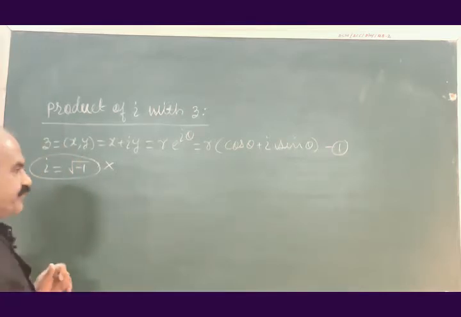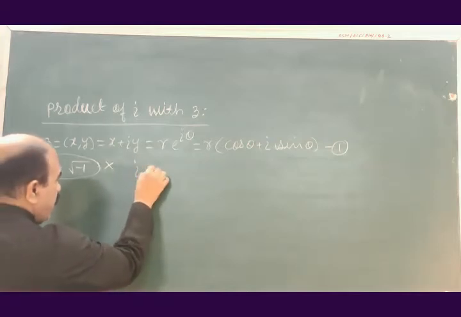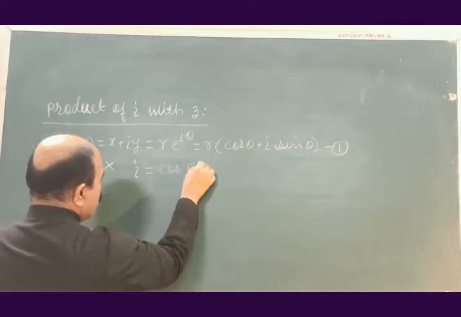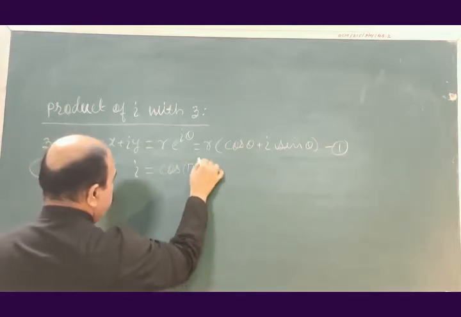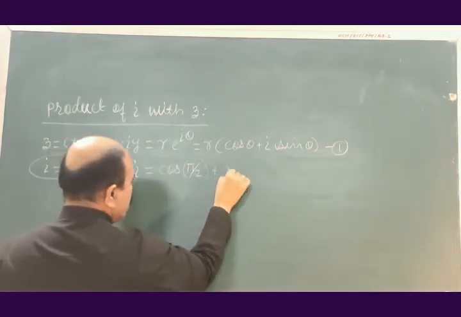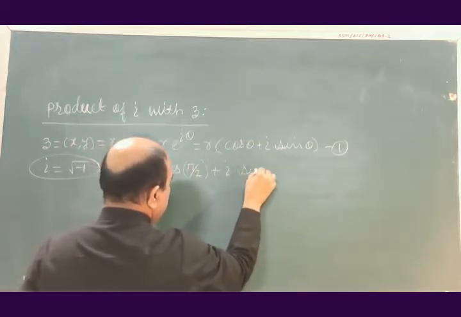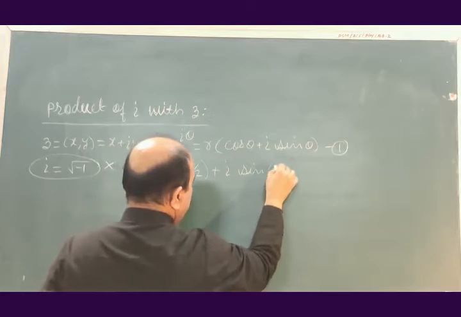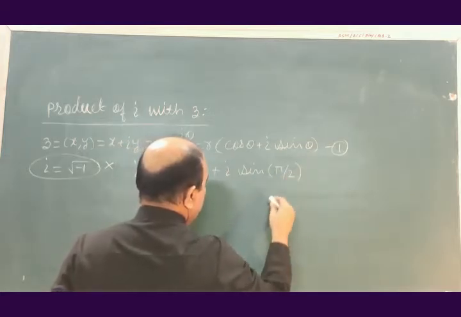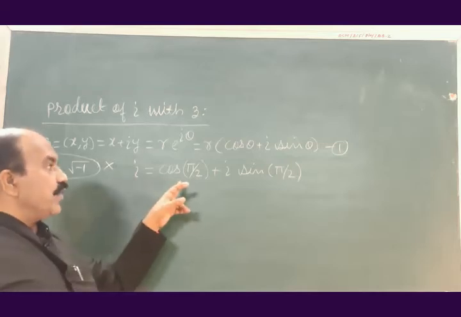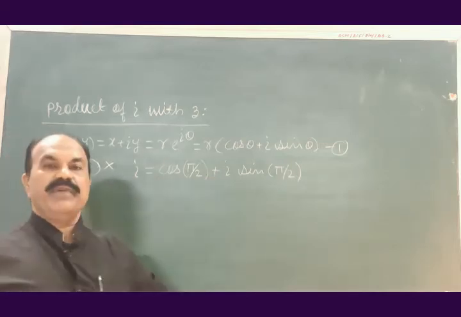For example, i is equal to cos pi by 2 plus i sin pi by 2.